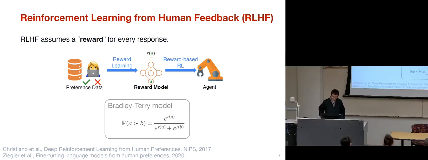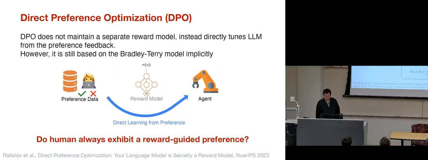Then we can use this model assumption to do maximum likelihood estimation based on the preference data to get the reward model, which is denoted by r(a). So r is a reward function, and a is some response given the prompt. Once we have this reward function, we can run whatever algorithm we like, for example, policy optimization, proximal policy gradient, and so on.